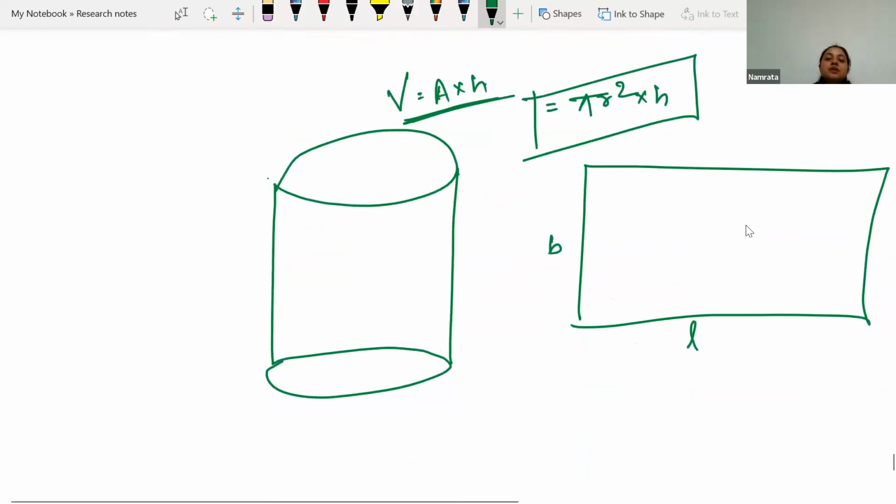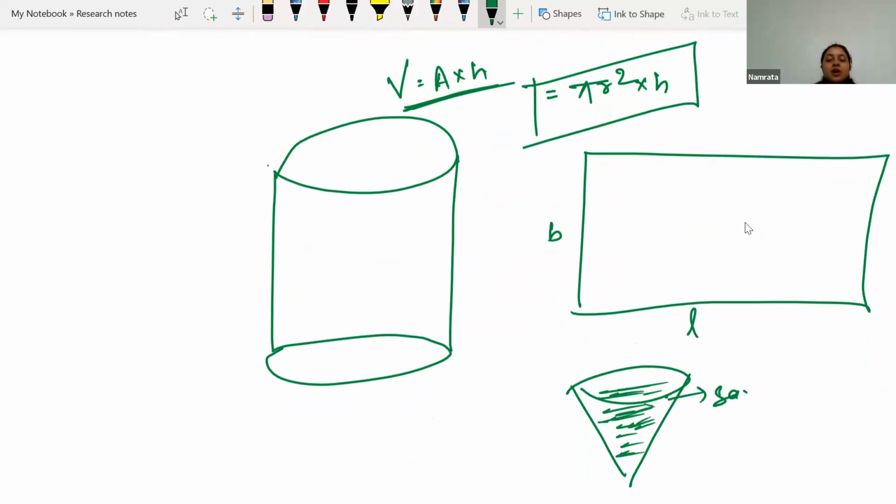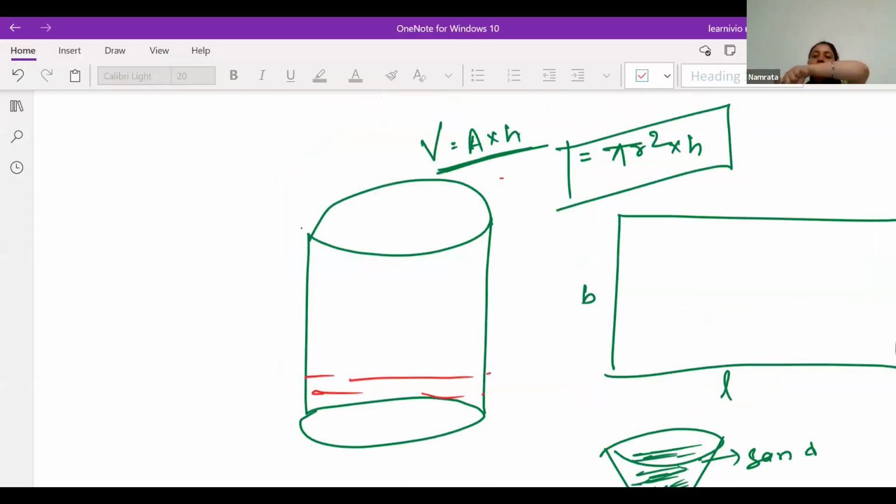Now, where did we get the volume of the cone from? Suppose you have a cone with the same radius and the same height as the cylinder. You fill the conical vessel with sand and drop it into the cylindrical vessel. Again you fill the cone with sand and drop it into the same cylinder, and again. After doing this 3 times, you will find the cylindrical vessel is completely full.